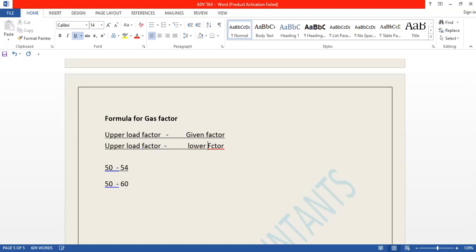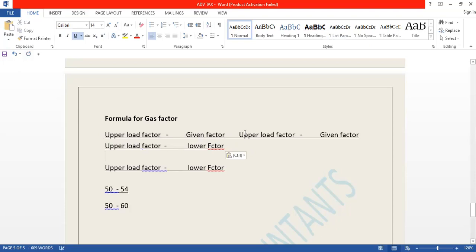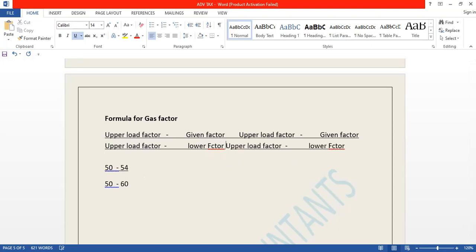I want to copy the same thing to this side to make my work easier. So this will now be gas aspect.